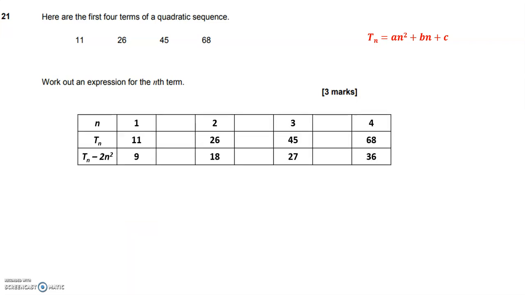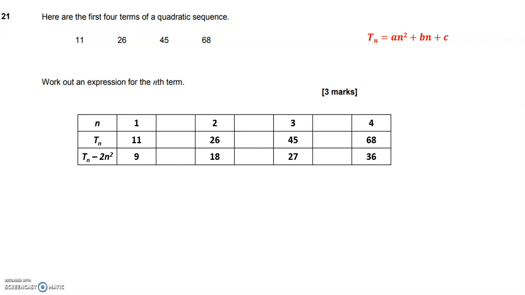Okay, so the thing to do then is to work out 2n squared in each case and subtract it from Tn. So for instance, on the very first entry, I need to work out 2 times 1 squared, that's 2, and take it away from 11, that's 9.